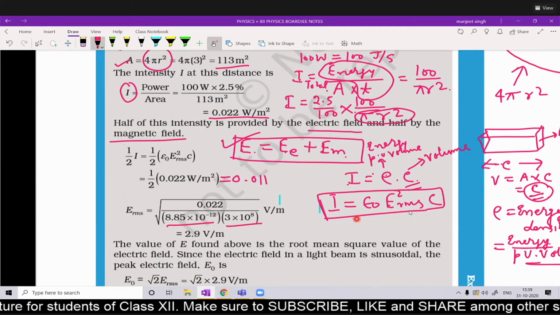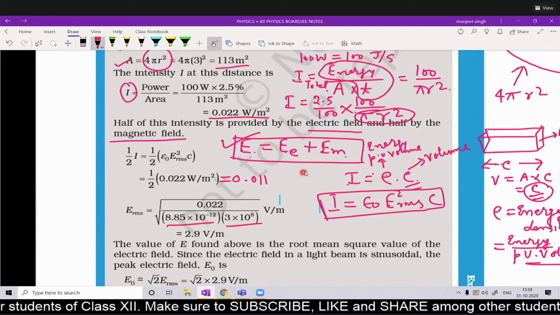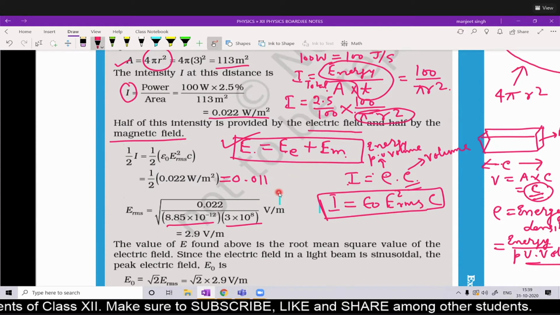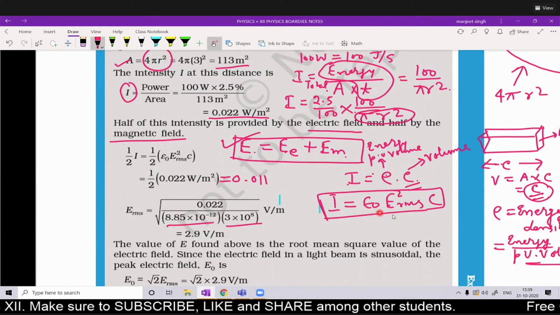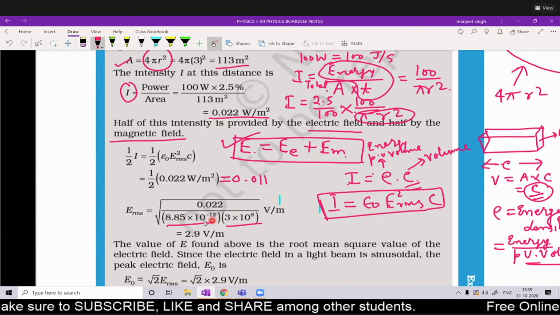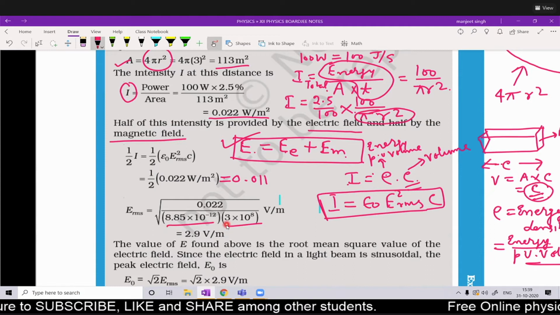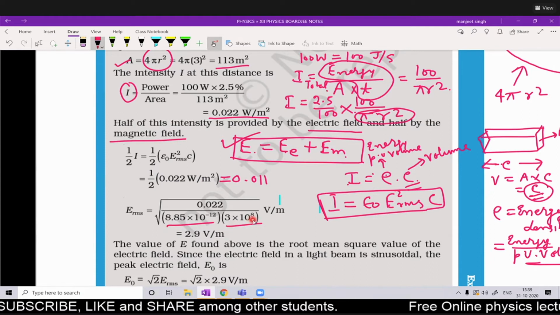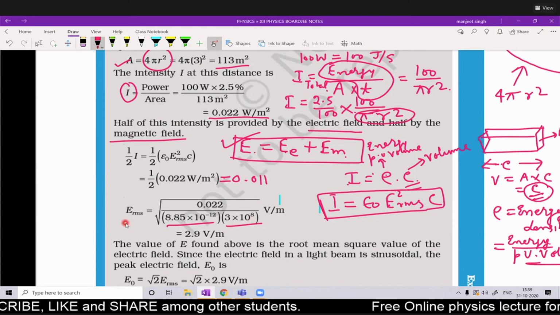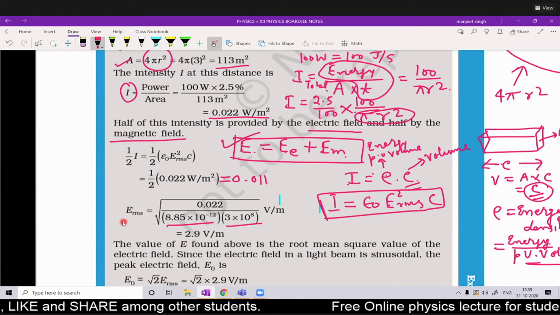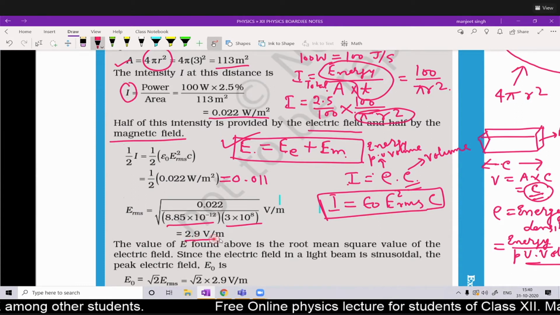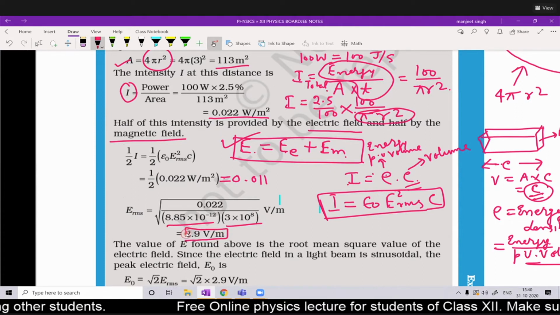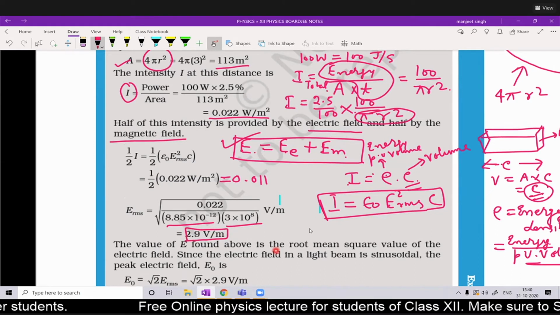ERMS is equal to I, meaning 0.011, divided by epsilon 0, 8.85 into 10 to the power minus 12, divided by C, 3 into 10 to the power 8. In this expression we get ERMS. So ERMS is 2.9 volt per meter.